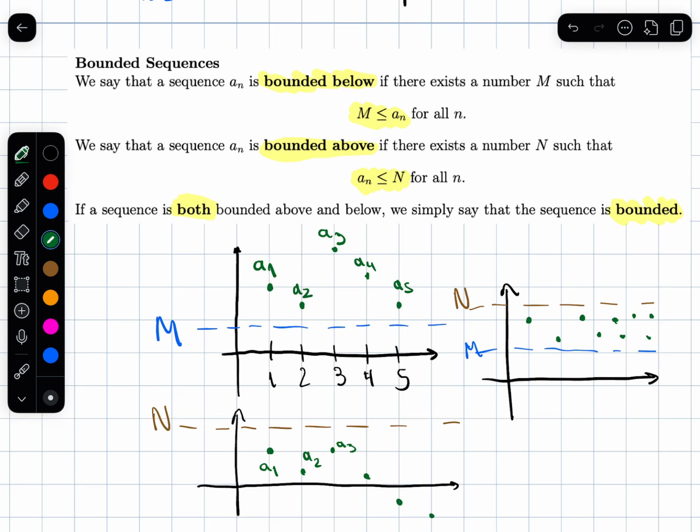It doesn't have to converge necessarily, but it needs to stay in between these values, m and n. Right? So this is just a name that you have to remember, that bounded sequences are sequences that have these numbers that limit them.